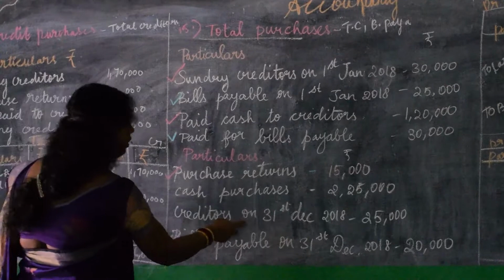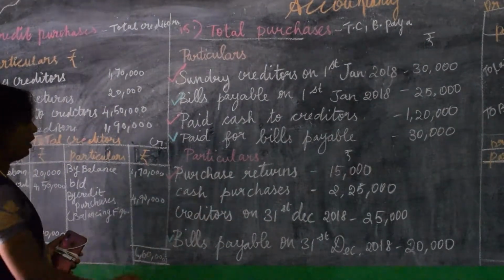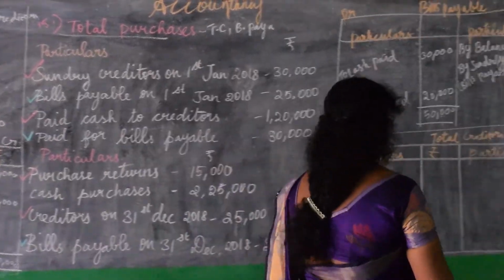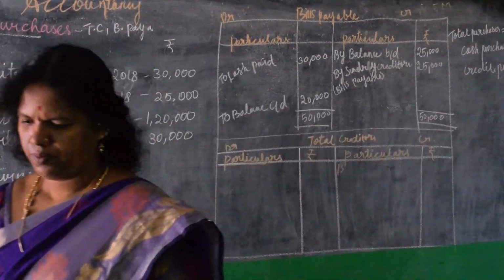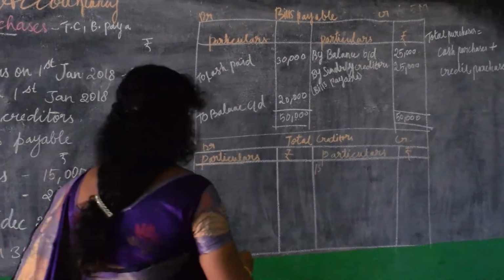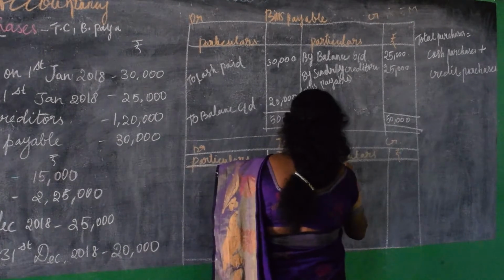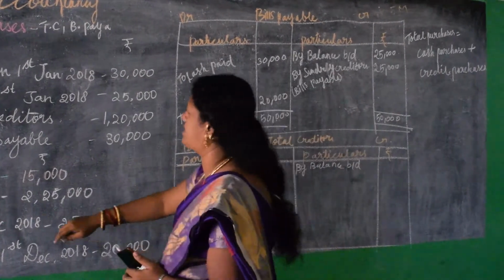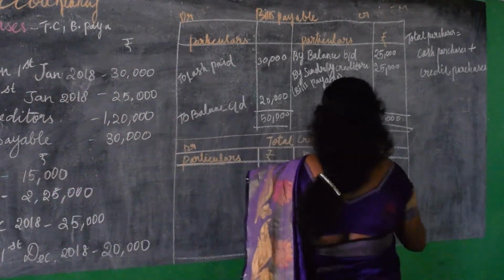Then creditors on 31st December. It is described in the closing balances. Okay, we are going to fill it in the boxes. First you write by balance b/d on sundry creditors. Sundry creditors on 1st January 2018 is 30,000.